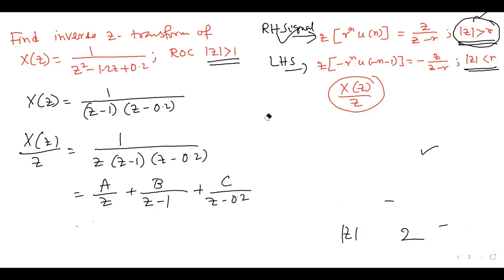Please tell me what will be the value of A, B, C. What will be A? Who will tell me? What is A? A is z times X(z) by z when z equals 0. What will it be? Why I did it with z, you will understand yourselves. What is its value? Can you not understand?